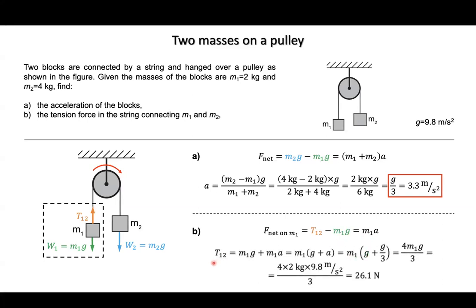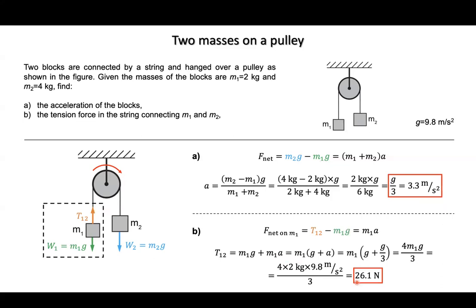From here, I can easily find that tension is equal to M1G plus M1A, or factor out M1 and have M1 times G plus A. Remember that the acceleration was equal to G over 3. So by substituting G over 3 instead of acceleration, I find the tension force to be equal to 4 M1 G over 3. And again, by plugging in the mass and the value of the gravitational acceleration, I obtain the force to be equal to 26.1 newtons.